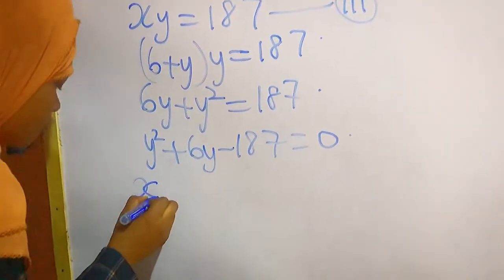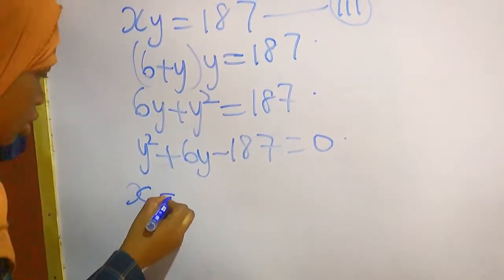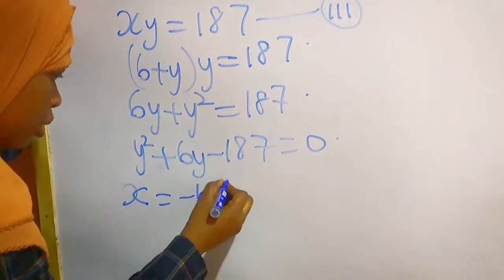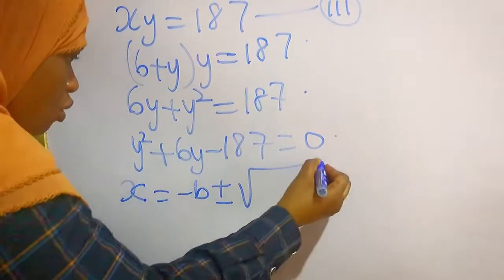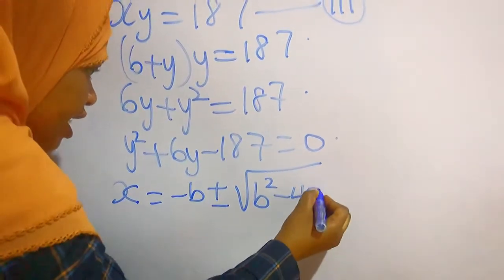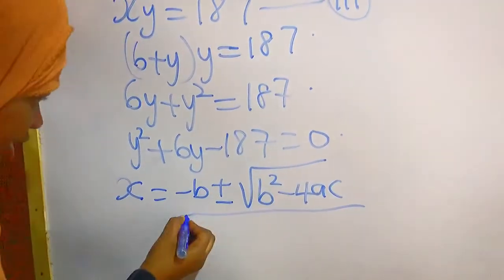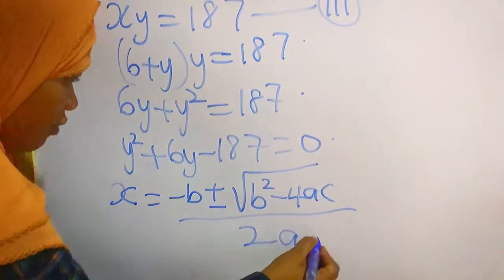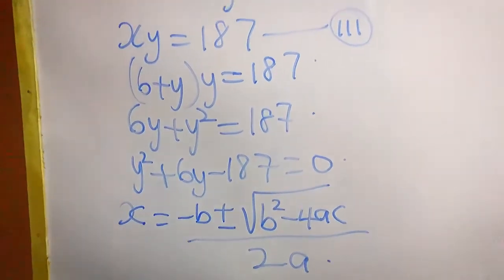You remember the formula method for quadratic equations. x is equal to minus b plus or minus square root of b squared minus 4ac, everything over 2a. So we have to be careful of how to write that equation.